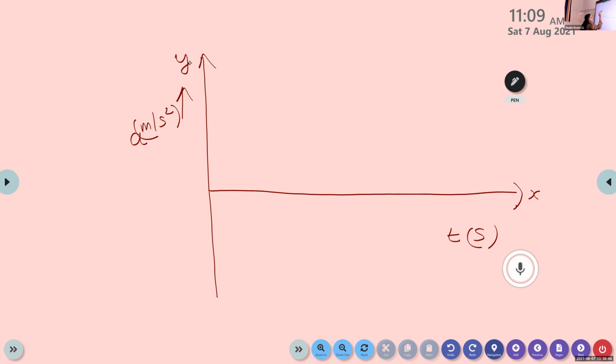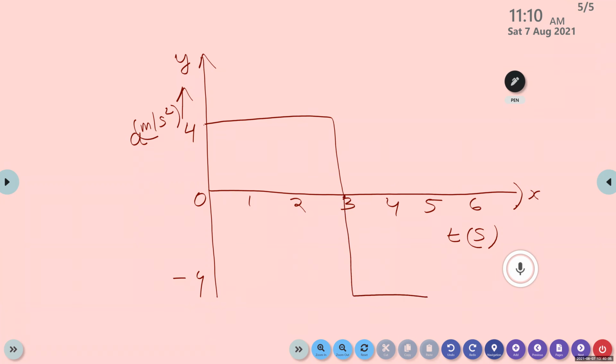Here we have 4 and here minus 4. The time varies from 0, 1, 2, 3, 4, 5, 6. This is our graph.